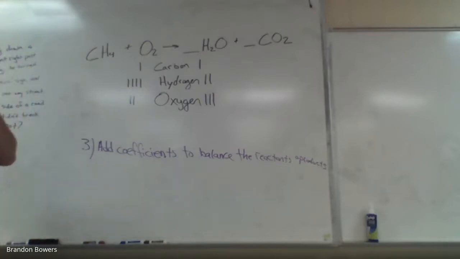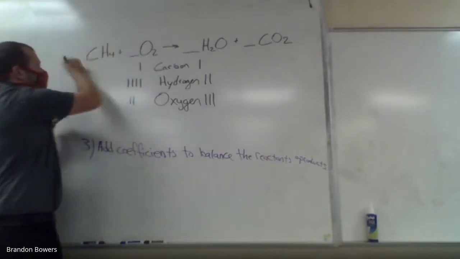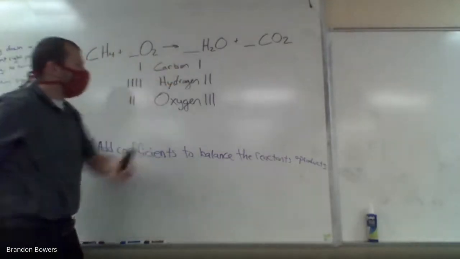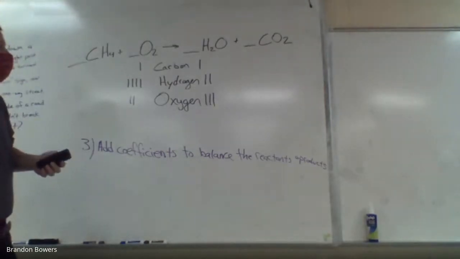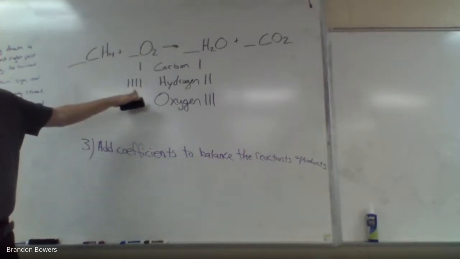A 4 in front of H2O. A 4? So like right here, a 4? Yeah, 4 there. May I ask why? Because you need a 4 there. That helps. And you see a 4 there. I already have 4 hydrogen on the left.